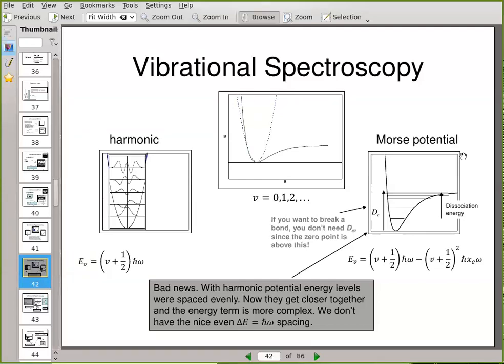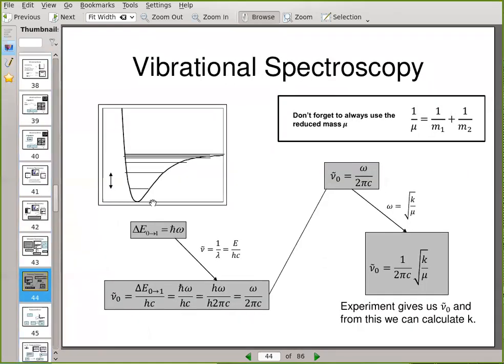However, we find from the Boltzmann distribution at normal temperatures that molecules are really only sitting at the lowest vibrational energy level. They don't have enough energy at room temperature to populate the higher energy levels. Further, when you do spectroscopy on them, they only jump one level. So we only need to look at the bottom of this Morse potential, which is very similar to this harmonic potential, where the energy difference is simply h bar omega apart. So we can solve that problem.